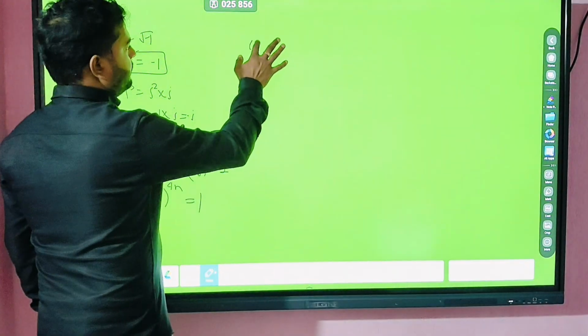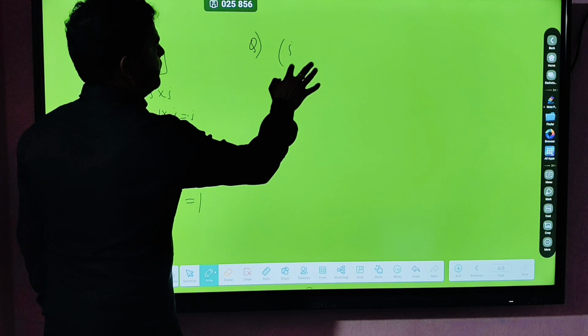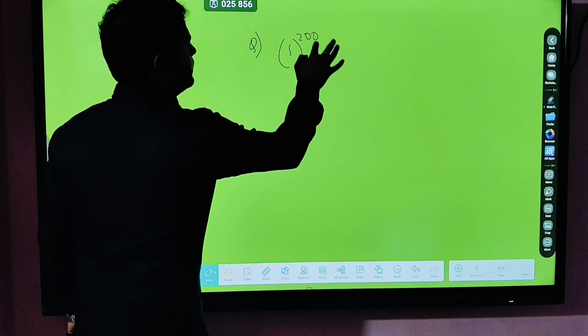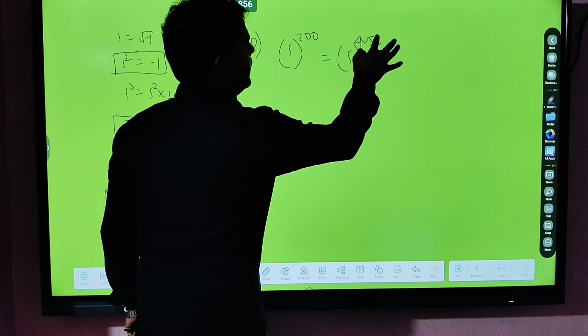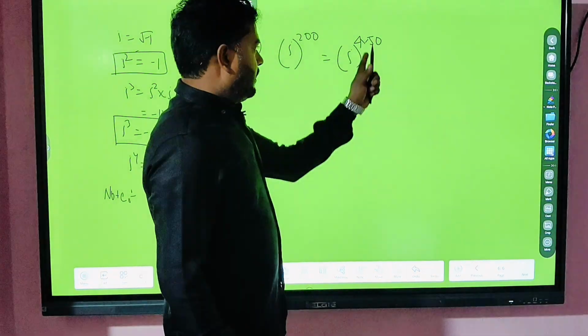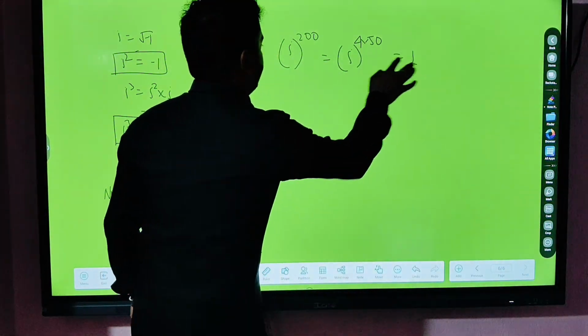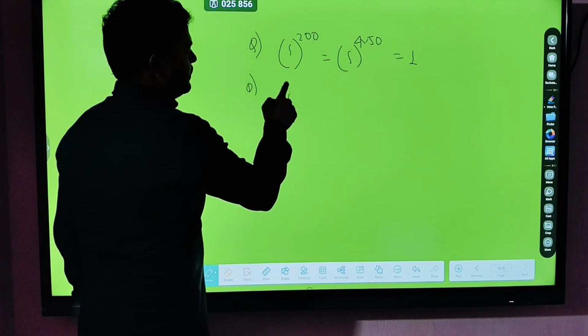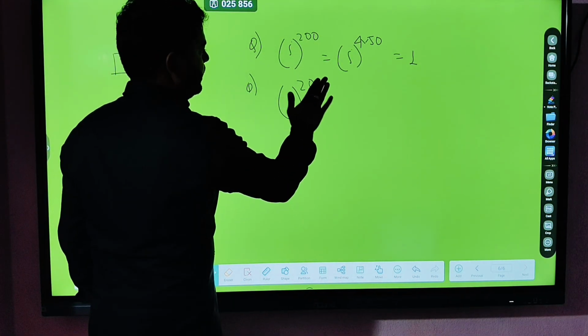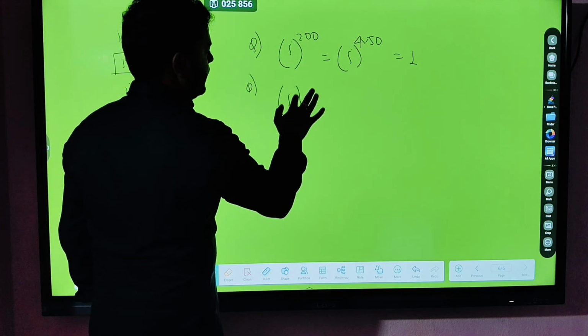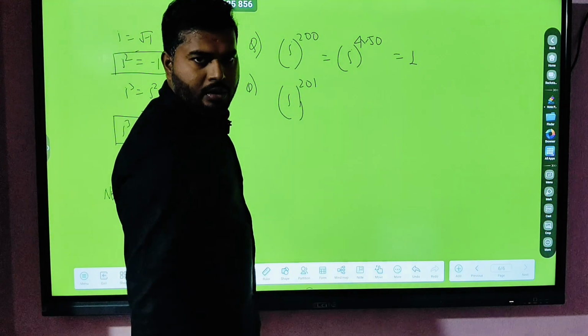Okay, so let's do questions on that. For example, let's say I have to calculate iota power 200. So I know that 200 can be written as 4 into 50, so it's a multiple of 4, so the answer will be just 1. Okay, let's say we have a question as iota power 201, right?